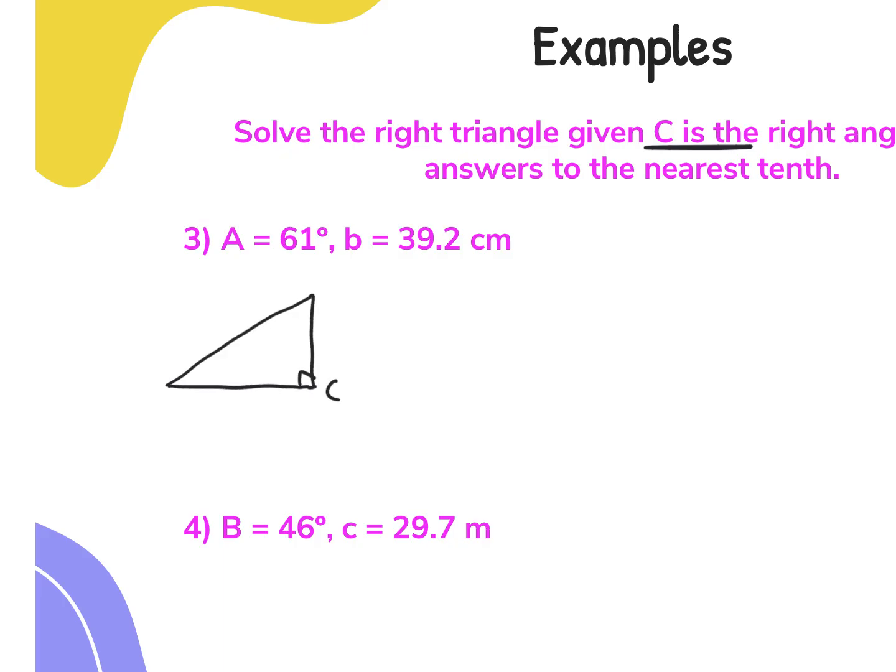All right, and in number 3, it tells us that angle A is 61 degrees. We don't know what angle B is, but we know that side B is 39.2 centimeters. All right, what pieces of information can we find now?